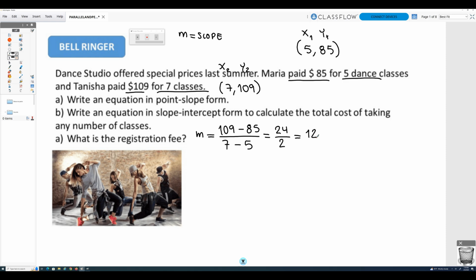The slope, m, is 12. The constant rate is $12, meaning that Dance Studio charges $12 per class.